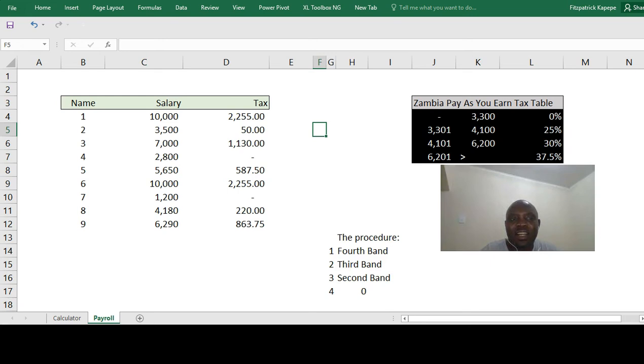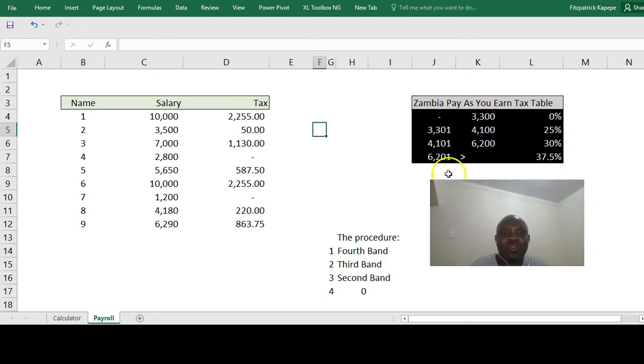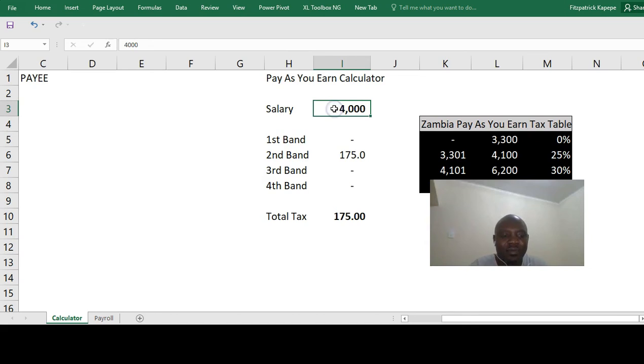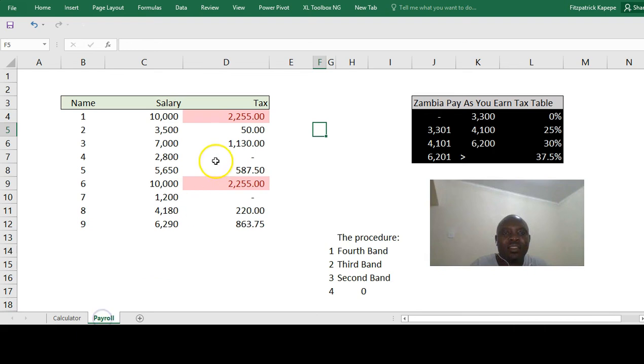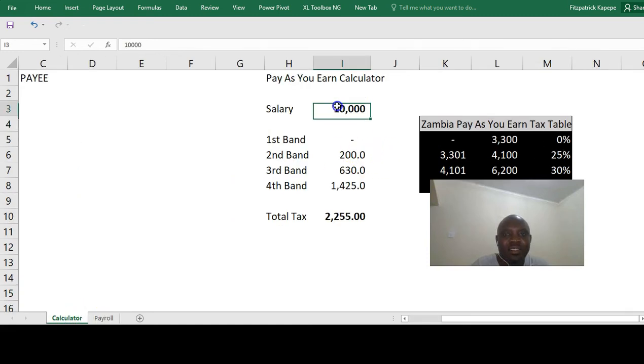So let's try and verify what you have done. Suppose the salary was 10,000, guys. We'll get 2,255. 2,255, you can see. Suppose it was 6,340. To be 822, 6,340.